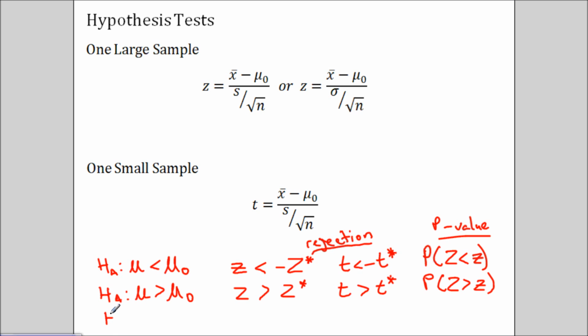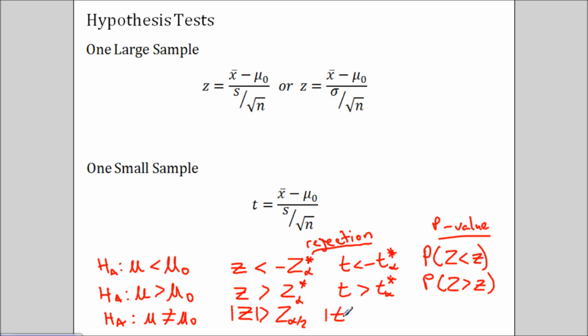Now, if we do a two-directional test, we're not looking for is it bigger, is it larger, just is it different. This was Z alpha over 2. These are all alphas. I've used the T star value, but in this case, it's the absolute value.